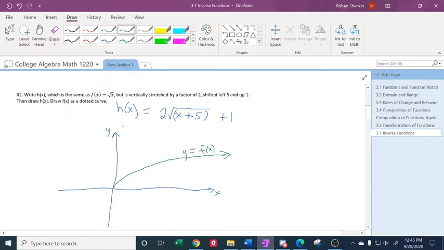Okay, and then the other one, h of x, let me give you a little bit more time to now make an attempt at drawing h.